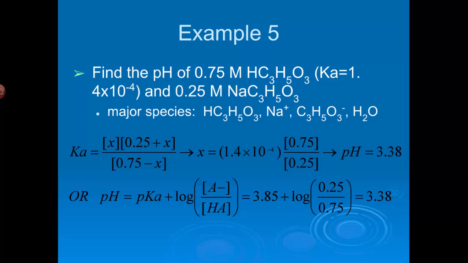Now it happens that that's going to be a negative number. Log of 0.25 over 0.75 is going to be a negative number. So it ends up subtracting from the 3.85, and you get 3.38 as well. So Henderson-Hasselbalch is very useful if you know the concentration of the base and the acid of your buffer. You can find the pH of the buffer. And you can then use it if you do shifts in concentrations. You can use Henderson-Hasselbalch to figure out what the buffer is going to do.